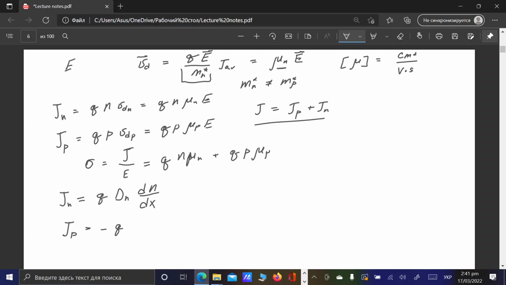So that's why for electrons we don't have minus, for holes we have minus q times Dp, this is diffusion coefficient for holes, and times first derivative of holes concentration over position along axis x.